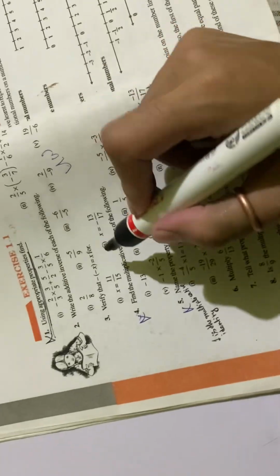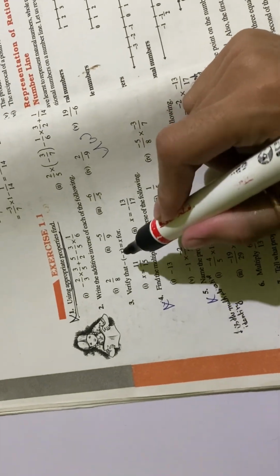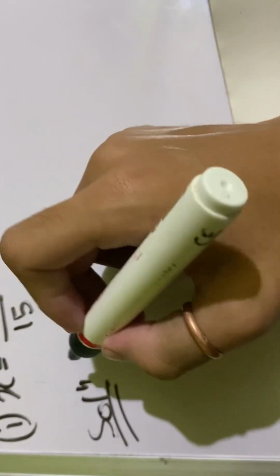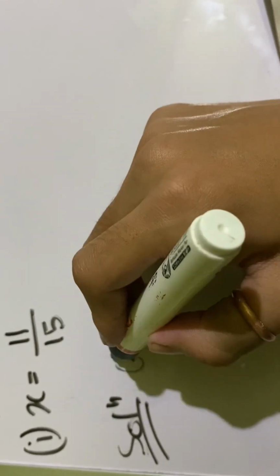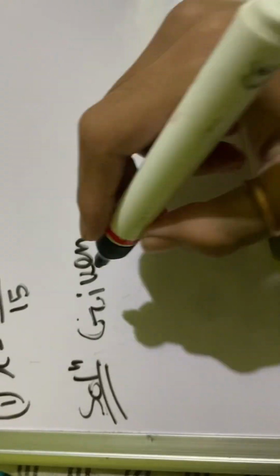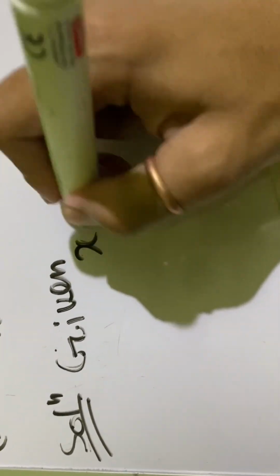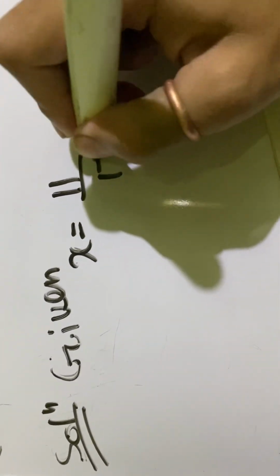So we are going to take the left hand side which is given in here. Given x equal 11 by 15.